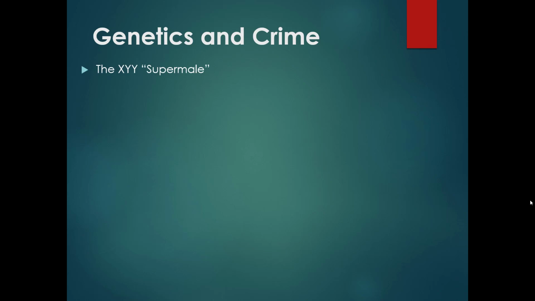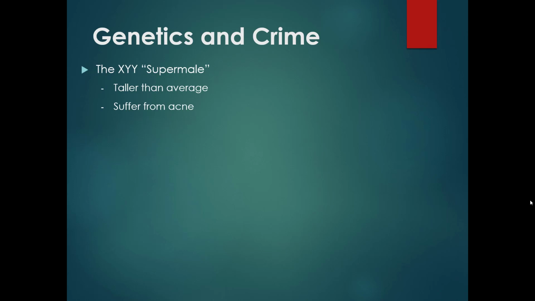And one thing that was very popular in the 60s was this thought of the XYY supermale. What they found was there were certain criminals that had 2 Y chromosomes instead of 1. So they were XYY males, supermales. They were taller than average. They suffered from acne.